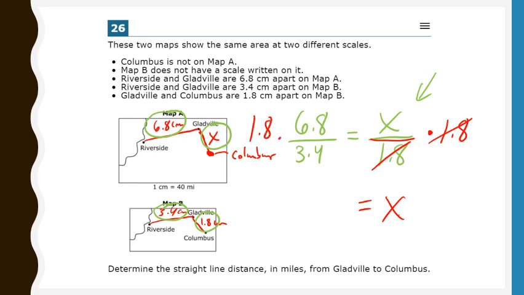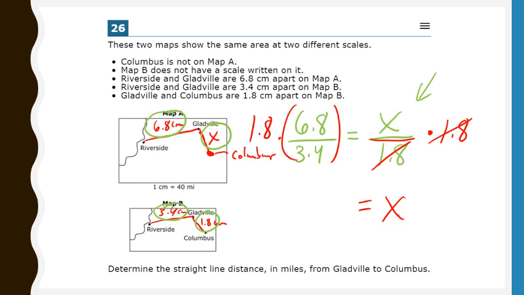So here you have to make sure you use your calculator. First I would do 6.8 divided by 3.4, and that gives me 2.